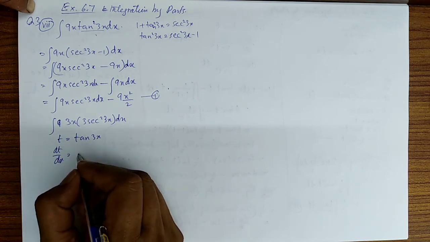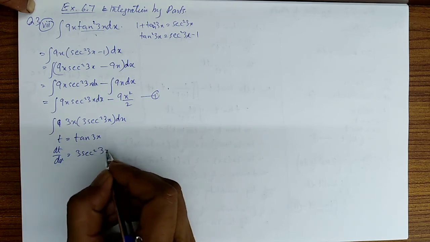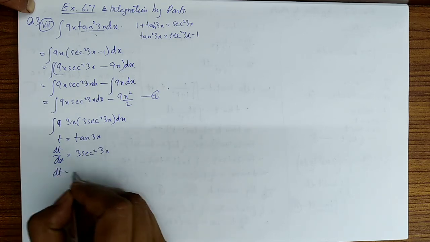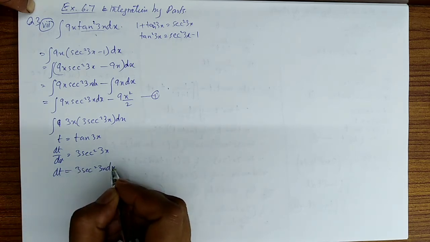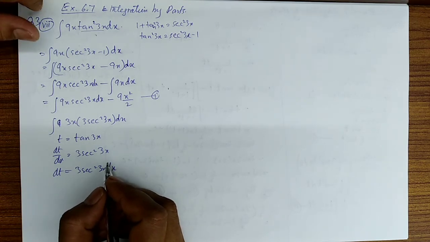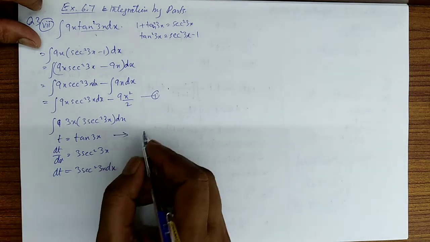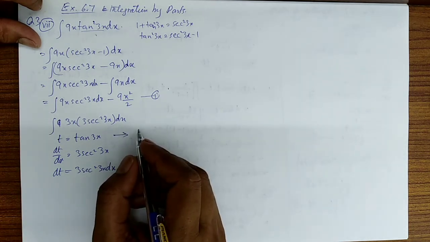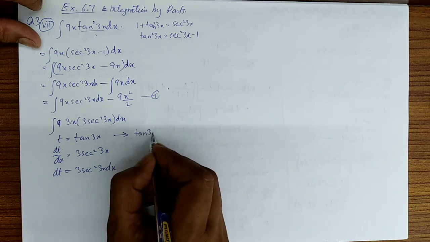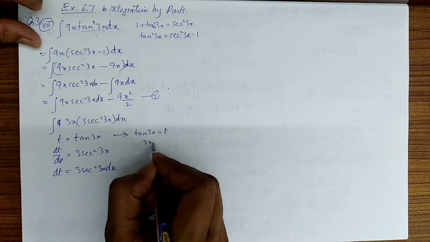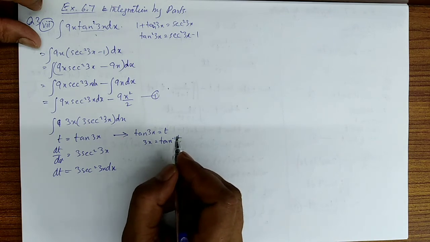which is 3 sec square 3x, we get dt equals 3 sec square 3x d of x, right? Also from this part we can find the value of x: tan 3x equals t, and 3x is equal to tan inverse of t, right?